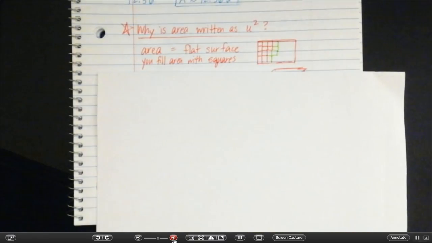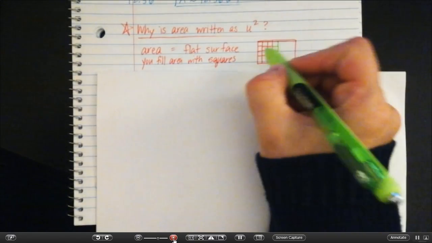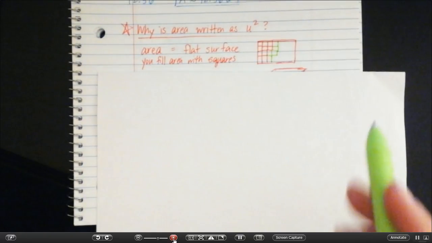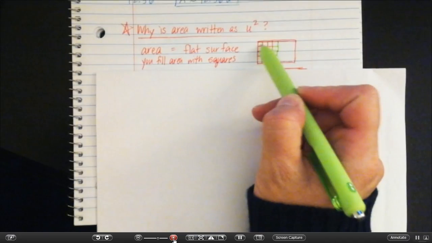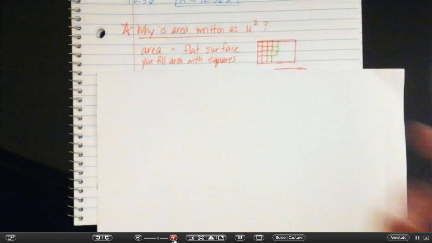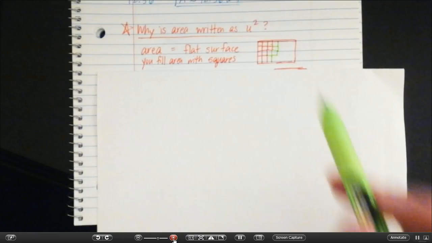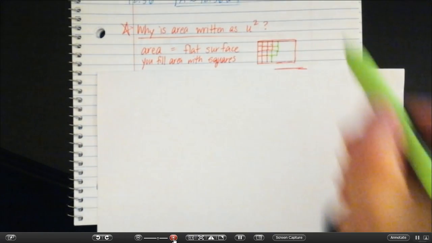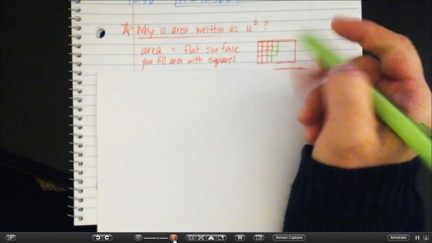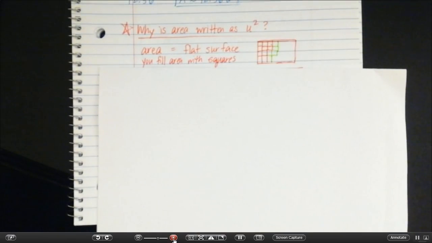And it doesn't matter what size the squares are. That's where units comes in. So if each square is 1 inch by 1 inch, then that's 1 square inch, 2 square inches, 3 square inches, right? If they're feet, 1 foot by 1 foot, then we would say it takes 1, 2, 3, 4, however many squares made out of 1 foot. So we'd say square feet.